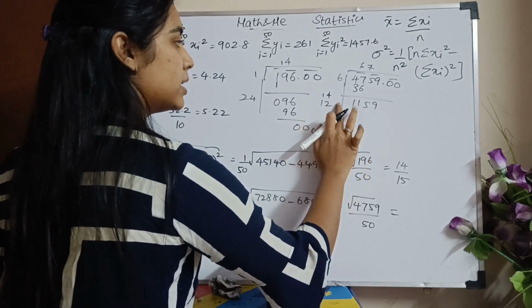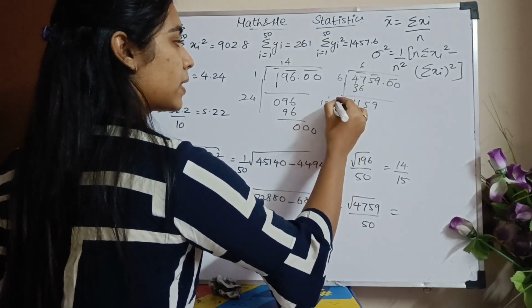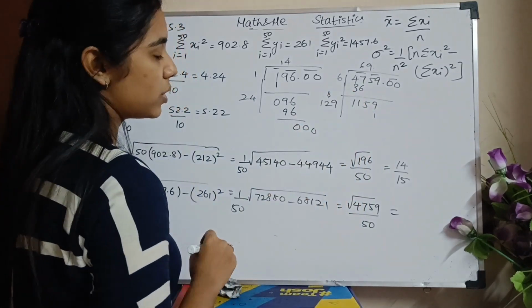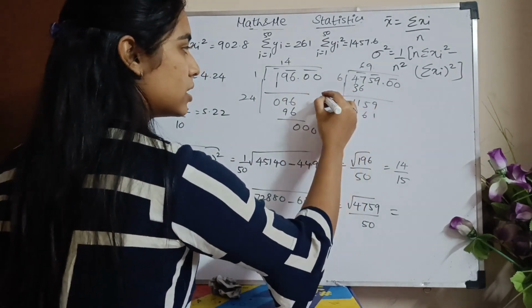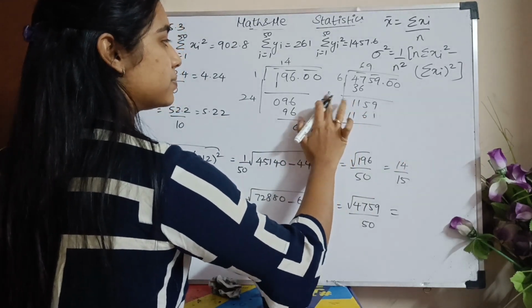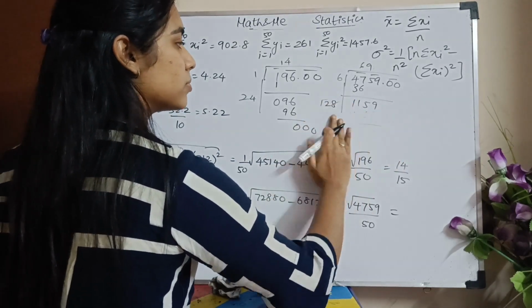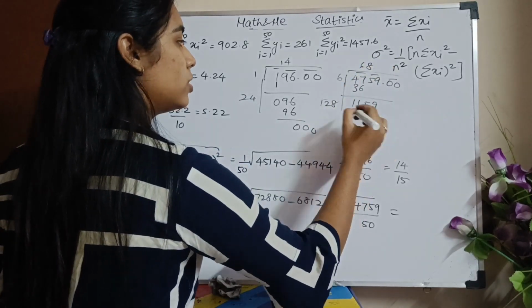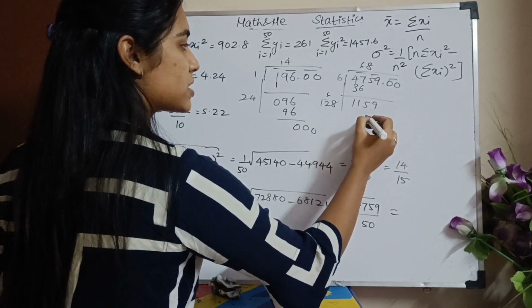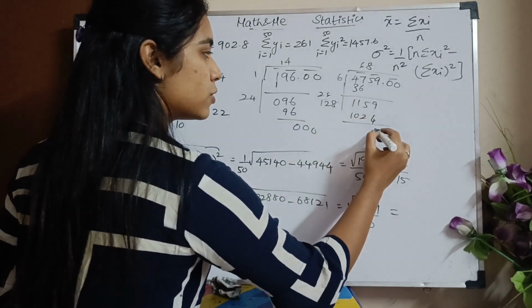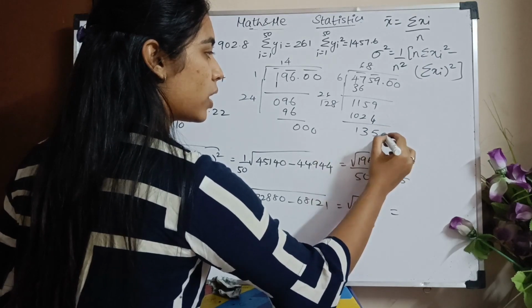Let me do 9. 9 9s are 81. 8, 9 2s are 18, 26. 2, 9 2s are 18, 9 1s are 9, 11. So 8 times only will come. 8 8s are 64, 6, 8 2s are 16, 16 plus 6 is 22, 2, 8 1s are 8, 10. So 53100.